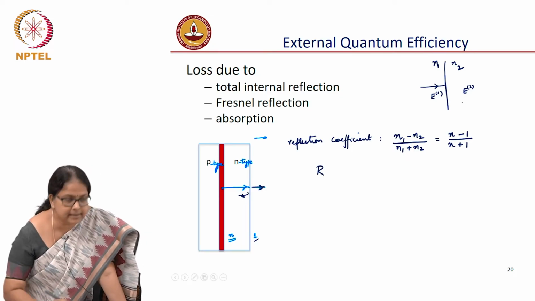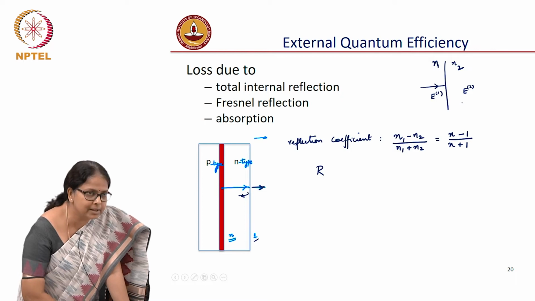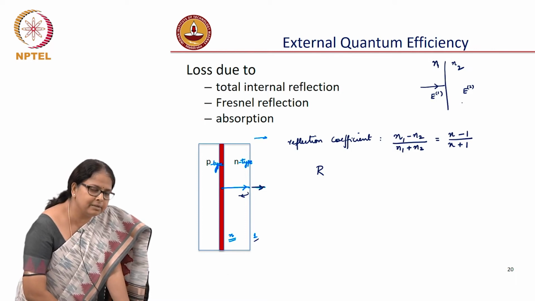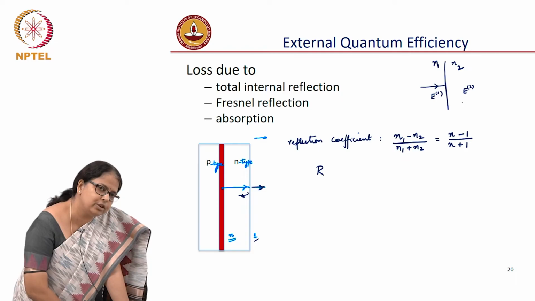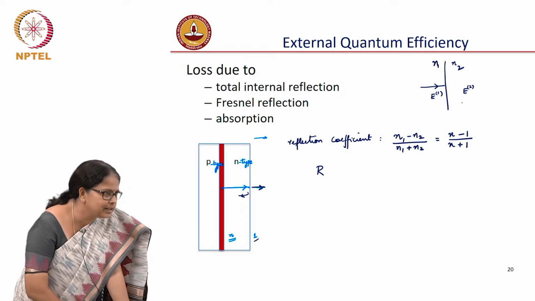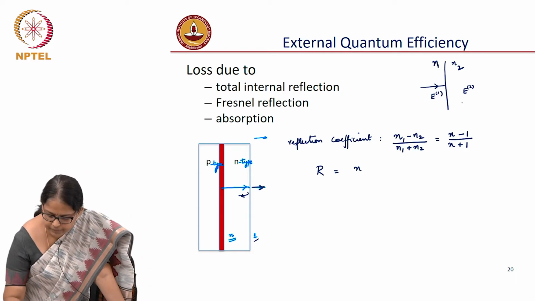And the reflectance, which is the ratio of powers, would be proportional to the square of the ratio of the fields, so this must be equal to ((n minus 1) by (n plus 1)) the whole square.